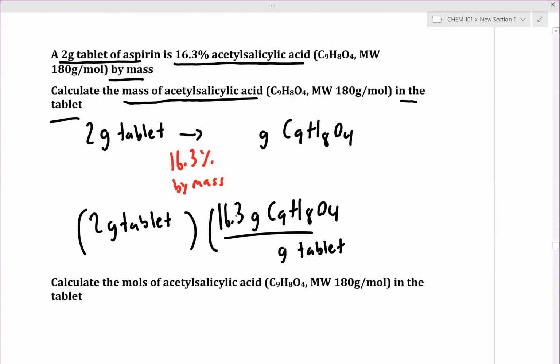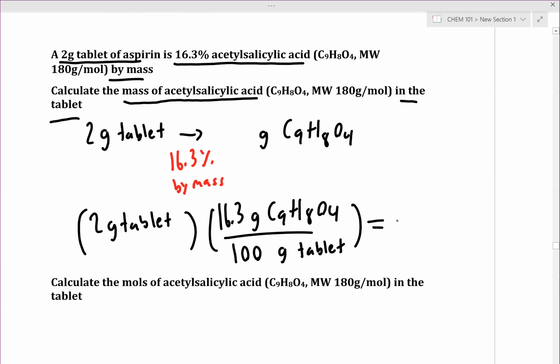Per how many grams of tablet? 100. Mass percent can be thought of as grams of sample per 100 grams total. So, for example, if it's 16.3% aspirin by mass, we have 16.3 grams of aspirin for every 100 grams total of our tablet.